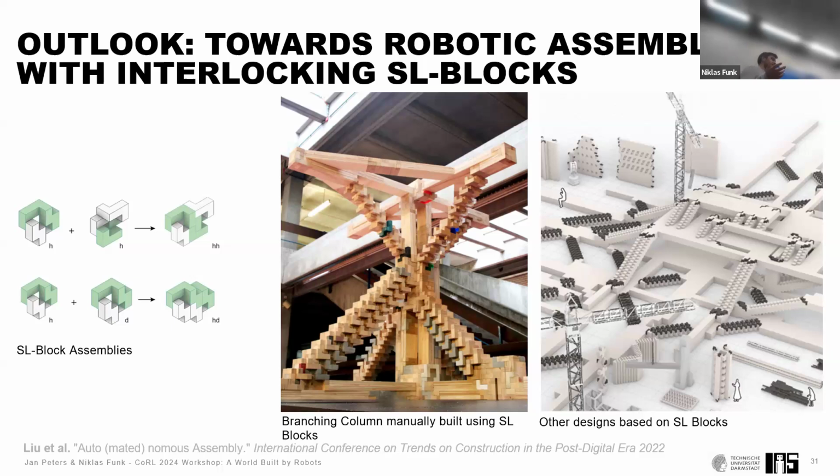And exploiting this interlocking property, a colleague from the Department of Architecture was able to manually build this branching column, which is built solely from tri-joint connections. So this means you can build such a column, and because all of the connections are tri-joint, after you don't need it anymore, you can basically disassemble it into, I think it's around 1000 SL blocks, and then you can maybe assemble them to build something else.